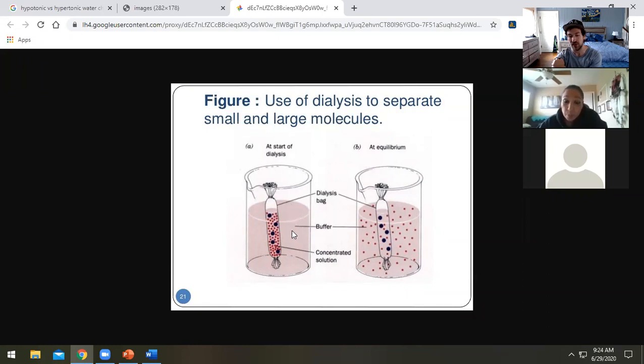So you've got all of this highly concentrated fluid, right? And then you've got all this other fluid outside here. So there's a very obvious difference in the concentrations of stuff. There's a whole bunch of stuff in this very small space, and there's nothing in this very large space. So what's interesting is that all of these little molecules that are trapped in here don't want to be in this bag anymore.